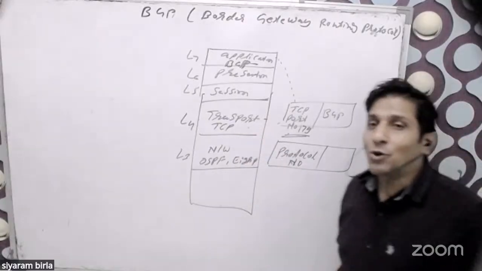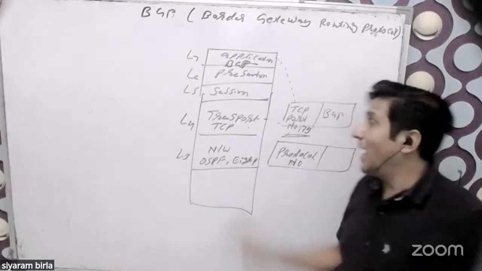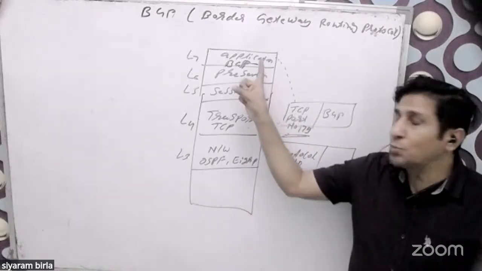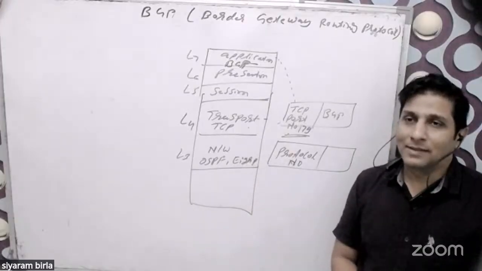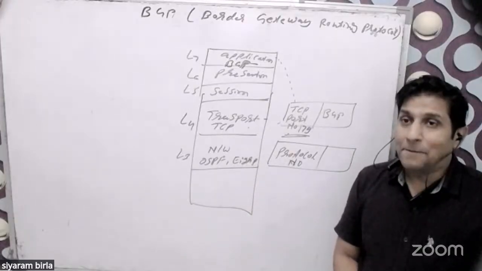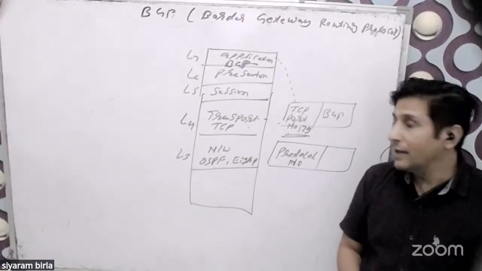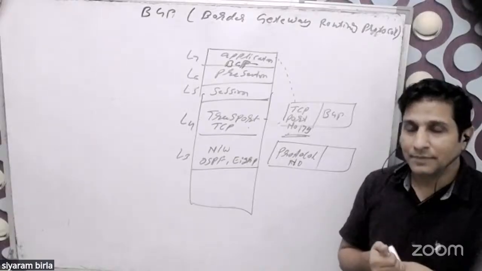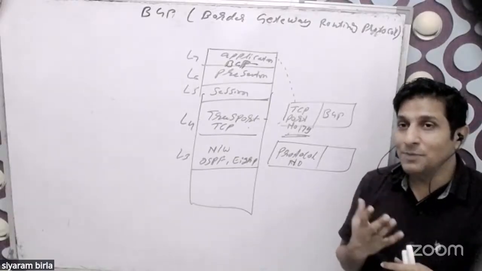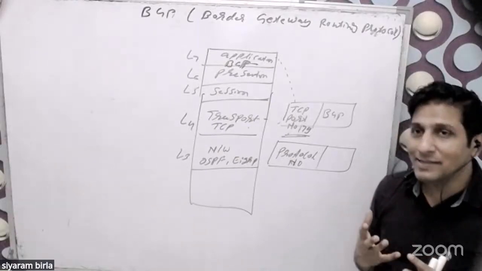So protocols that work at layer 7 have a port number, and protocols that work at layer 3 have a protocol number. BGP works at layer 7, so it has port number 179.